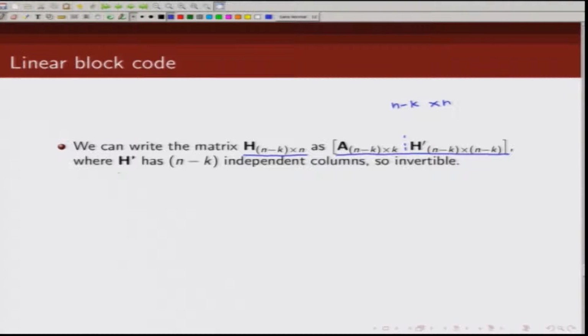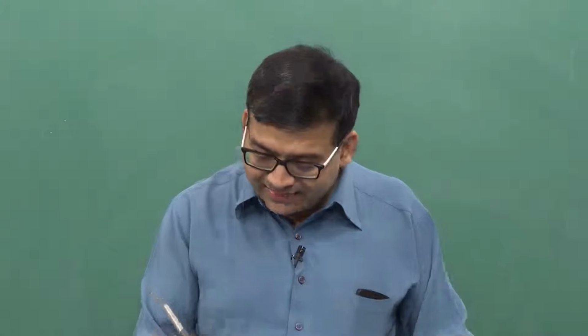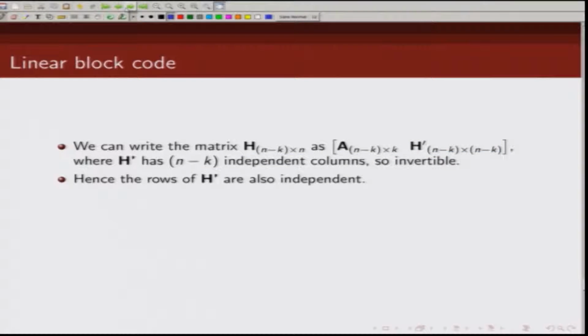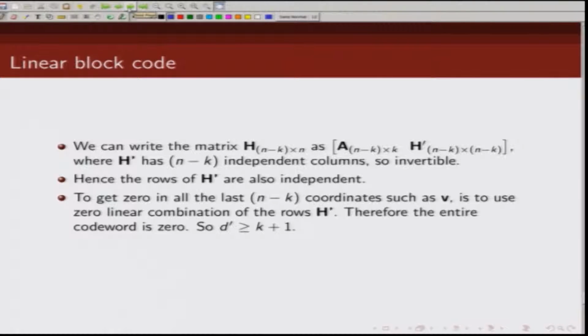It means that there are n minus k independent columns in this matrix, and let us say those n minus k independent columns are given by this H hat. Since this has independent columns, it can be inverted also, and the rows of this matrix H hat are also independent because it has rank n minus k as well.